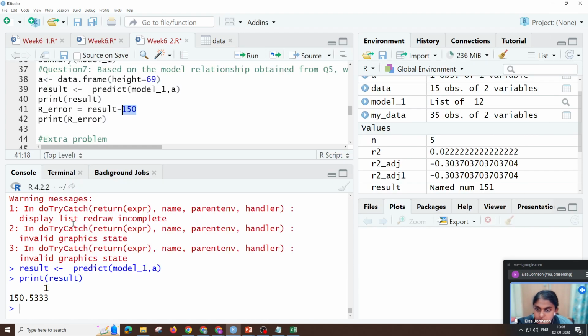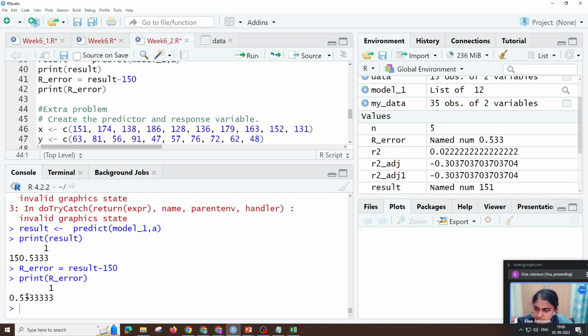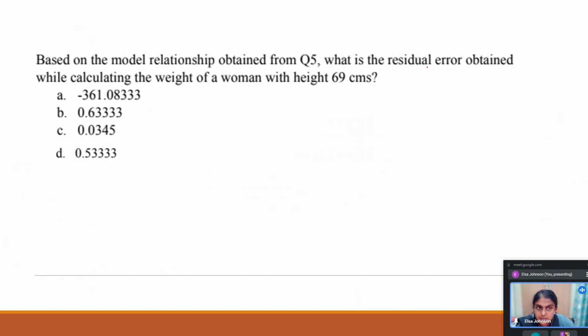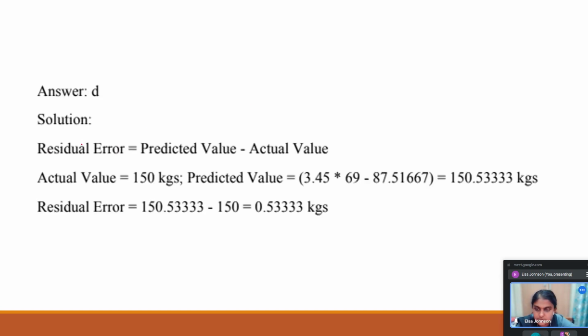So in RStudio we give result minus 150 and print the error, which is 0.53533. So the residual error obtained while calculating the weight of a woman with height 69 centimeters is this. This is the calculation: predicted value minus actual value. The actual value is 150 and the predicted value is this much. You have the equation, so you can do the calculation like this also and find the value.